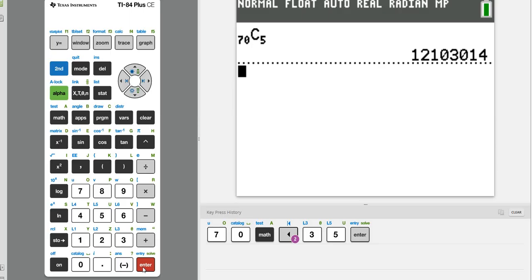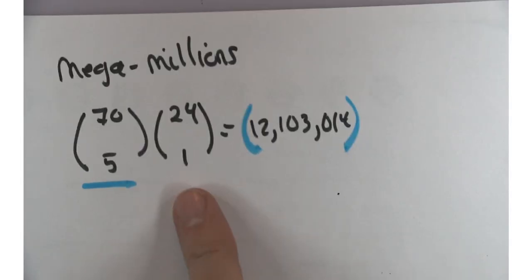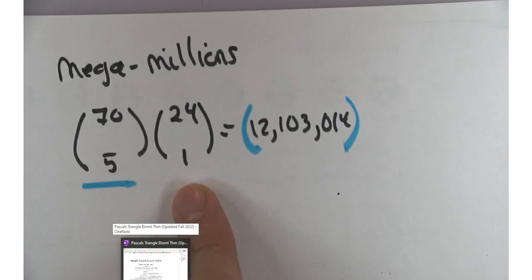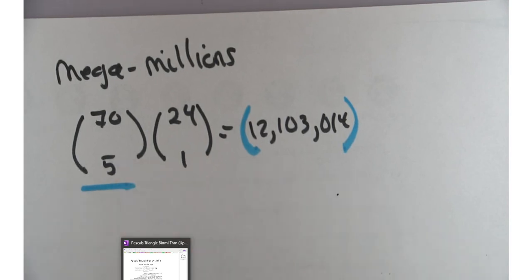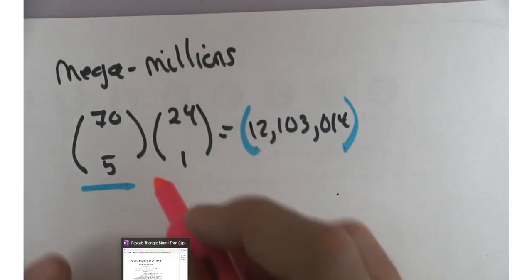Well, the second one, do I really need to do 24 choose 1? If you've got 24 objects to choose from and you're only picking 1, how many choices do you have? 24. So yeah, times 24.